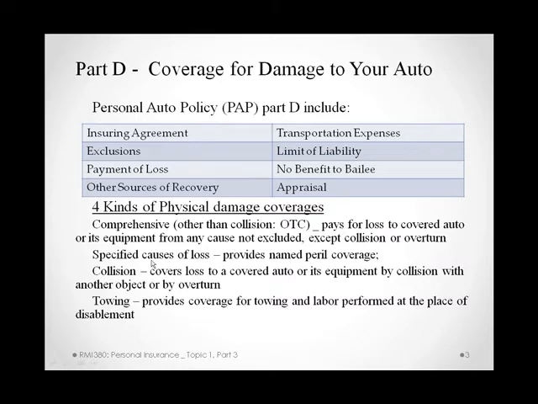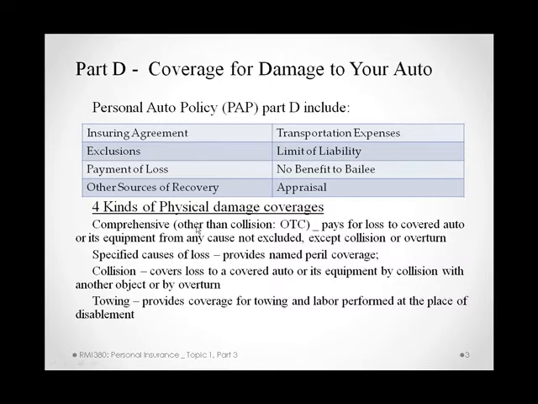On the other hand, there is collision coverage that covers the loss to a covered auto or its equipment by collision with another object or by overturn. So if you have a collision with someone else, obviously it will come from your collision coverage.